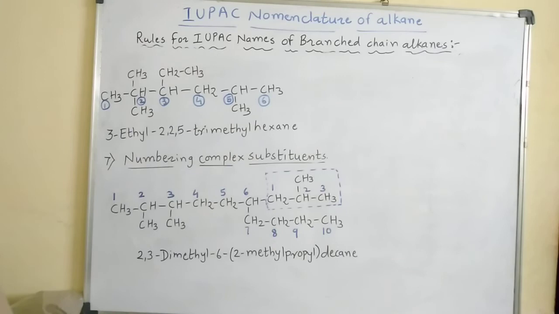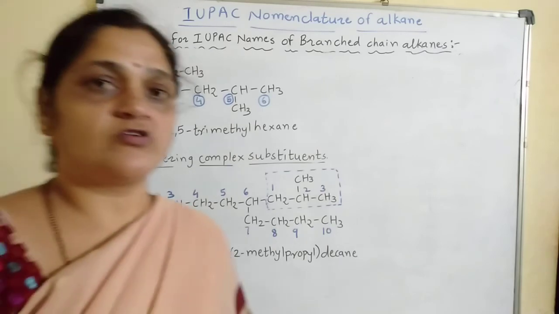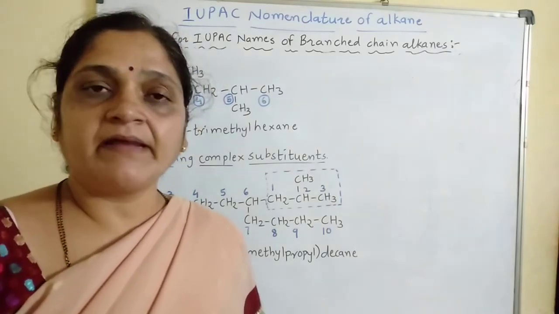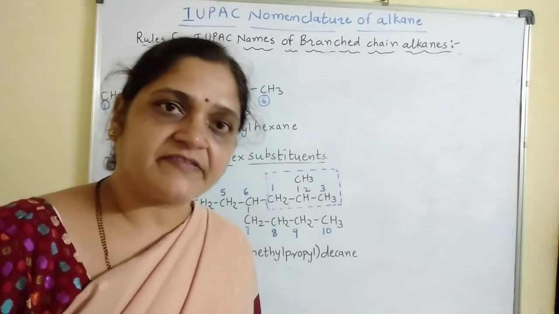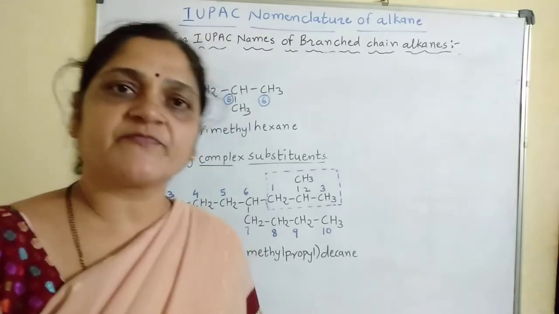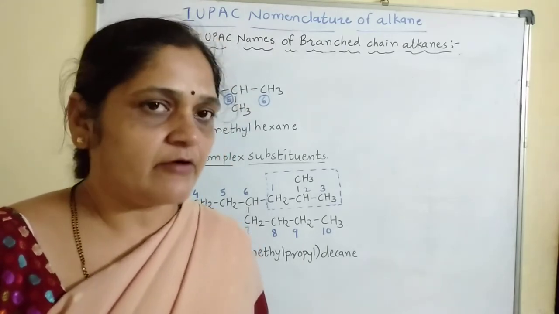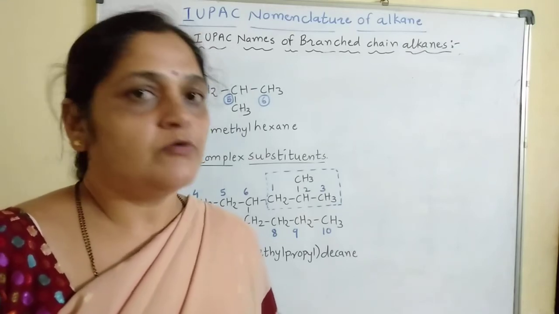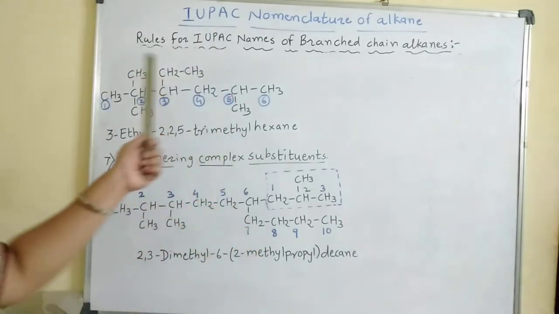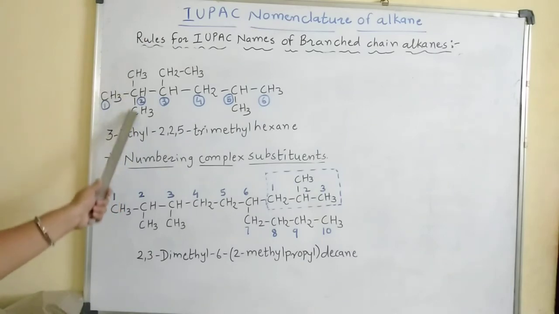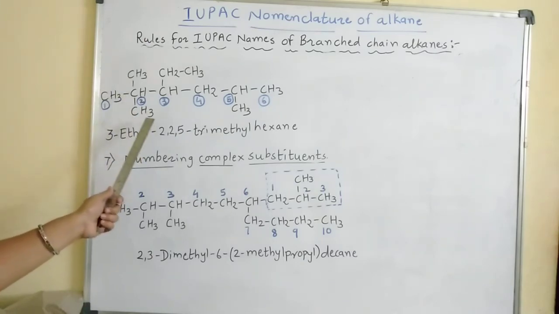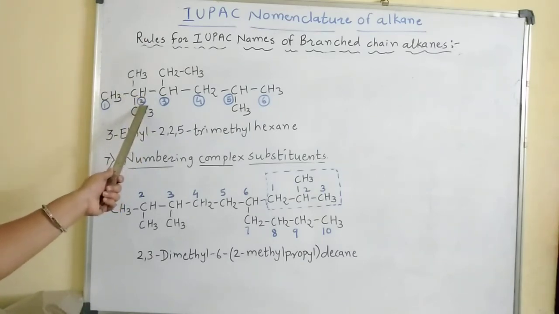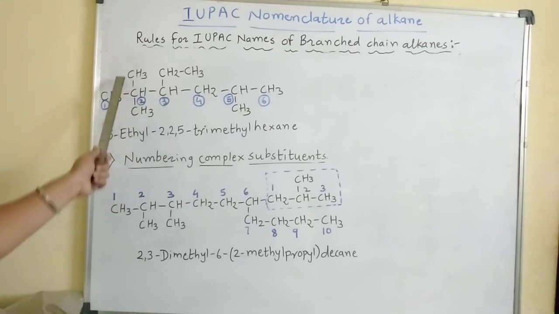Now see, we have learned that alphabetical order should be first, and alphabetically which group comes first, that carbon should be given the lowest possible number. In this way we have done the nomenclature part. Now here you can find carbon number 2 is carrying 2 methyl groups. So no problem, we can give the second number to this carbon, which is highly substituted.